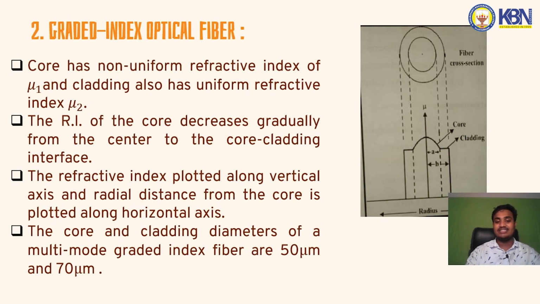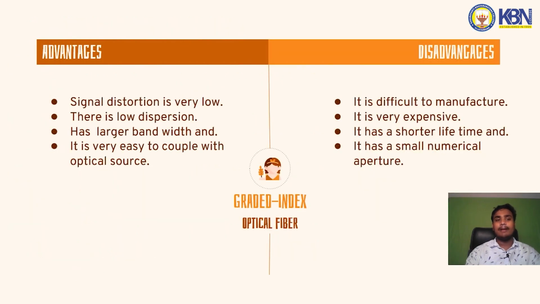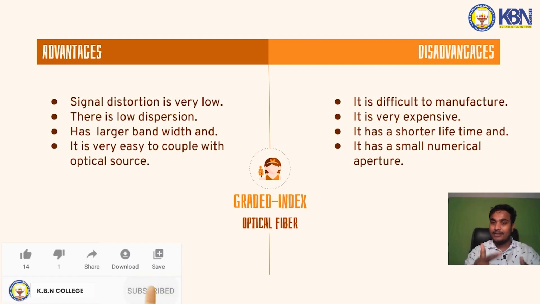Now coming to the advantages of graded index fibers, the signal distortion is very low. There is low dispersion, larger bandwidth, and they are very easy to couple with the optical source.